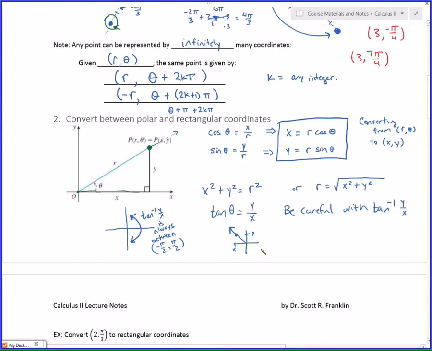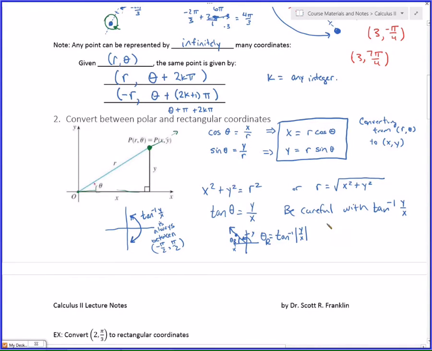The way that I learned to do it, maybe not the same way you learned to do it, is that the reference angle theta r is the tangent inverse of the absolute value of y over x. That's always going to be the positive angle between the nearest x-axis and that angle.